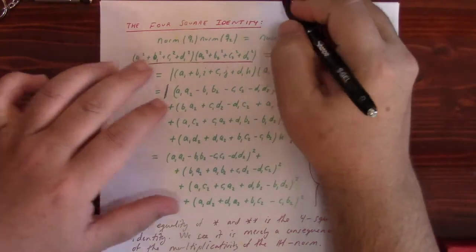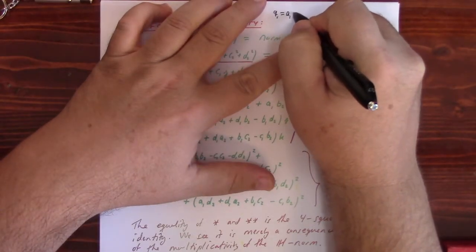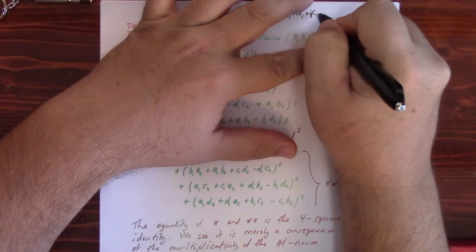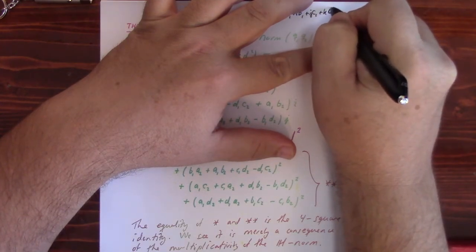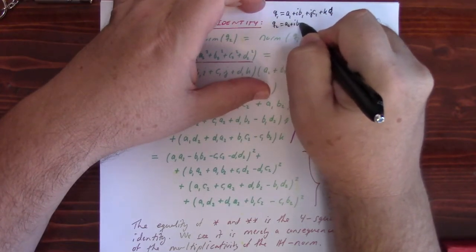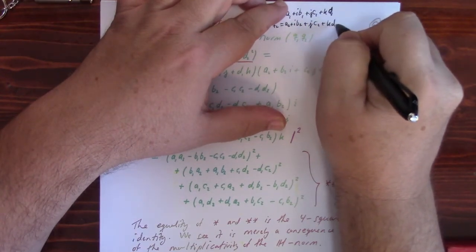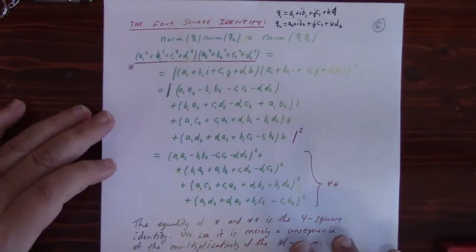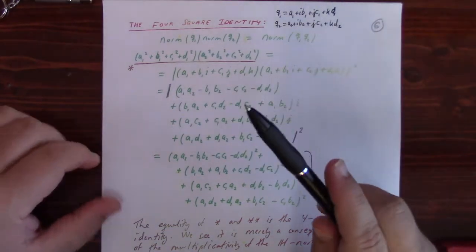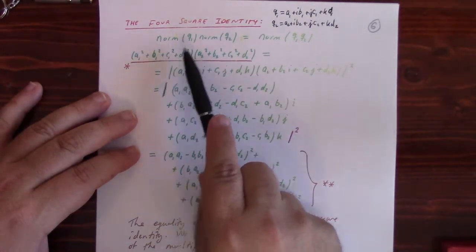Just to be clear here, guys, Q1 is A1 plus iB1 plus jC1 plus kD1, and Q2 is A2 plus iB2 plus jC2 plus kD2. So these quaternions are Q1 and Q2. They have these four real components, A, B, C, D, numbered 1 or 2, respective to Q1 or Q2. And the norm of Q1 is this, the norm of Q2 is that.